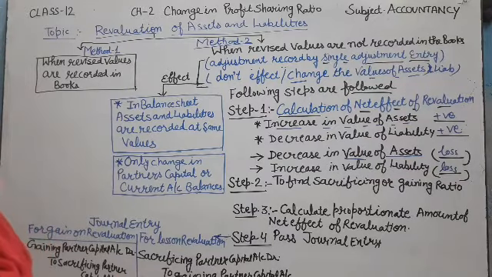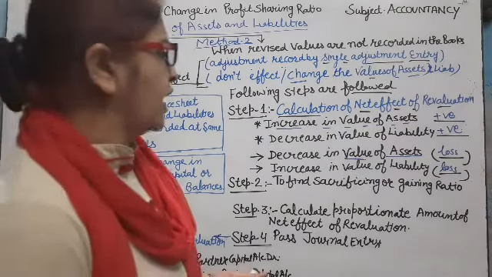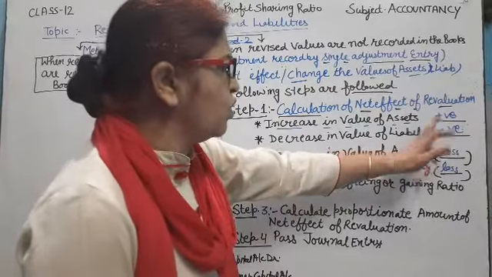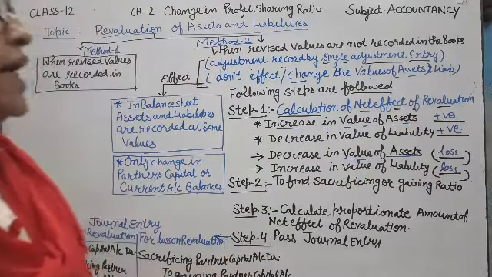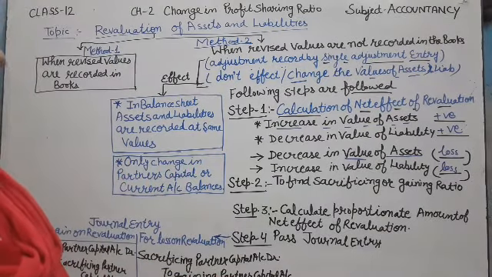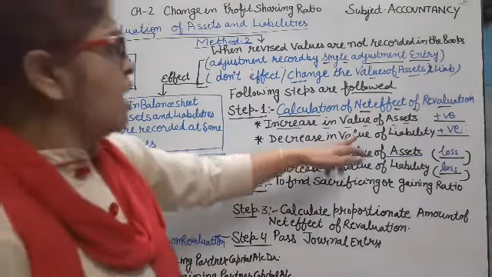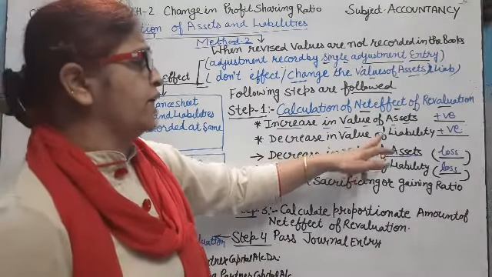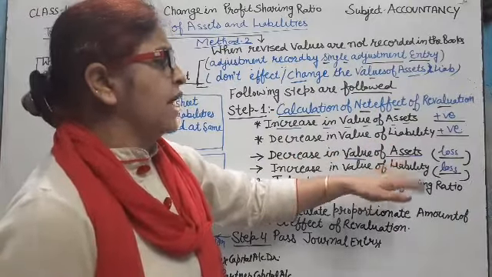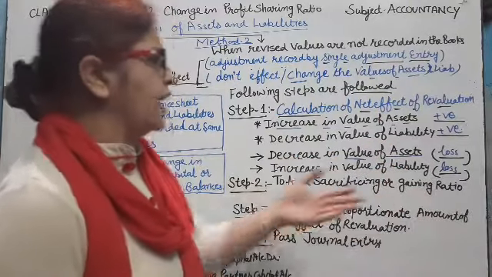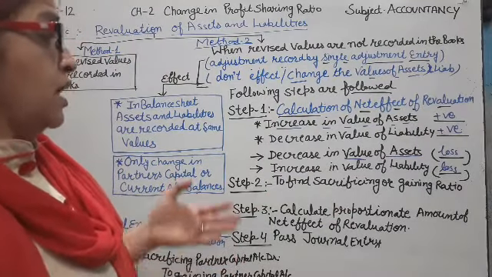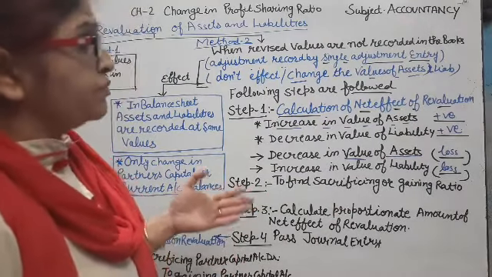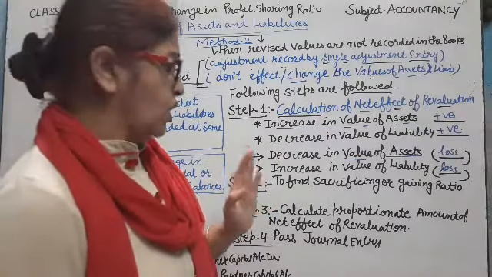After that, we will find the net effect. Whether the positive total is more than the negative total, or the negative total is more than the positive total. If the positive total amount is more than negative, then it is profit, and if the negative loss is more than profit, then it is loss.